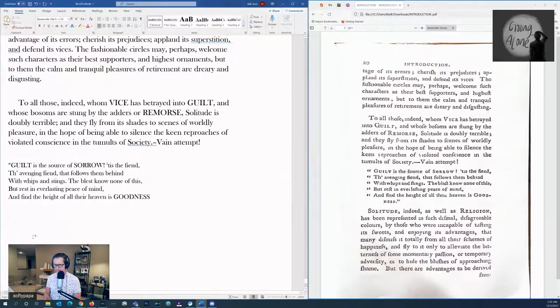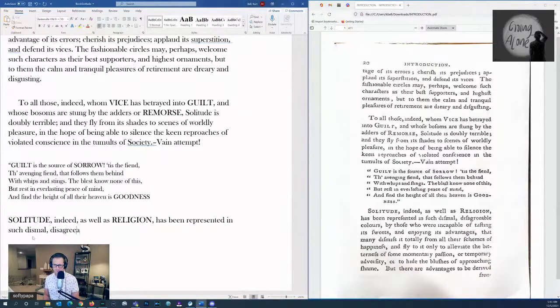Here we go. Solitude, comma, indeed, comma, as religion. Here, religion is brought into the picture. With capitals, Religion has been represented in such dismal, comma, disagreeable colors.